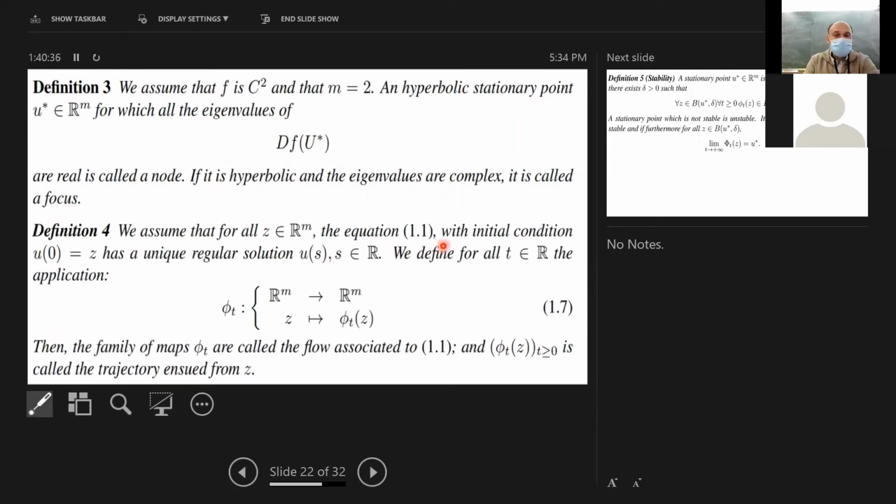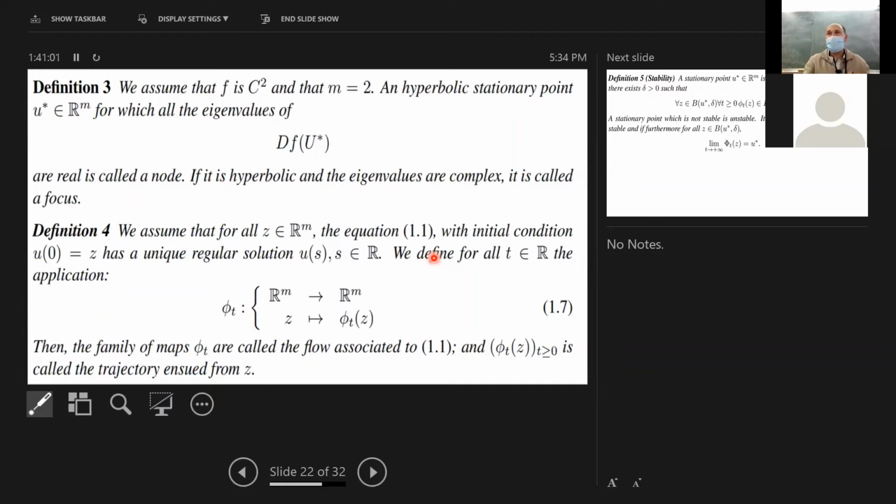Then I can define the flow. So the definition of the flow is written here. Basically, it's like the set of trajectories. So if my problem is okay, when I fix an initial condition and I look at the time that's going on, I have trajectories.